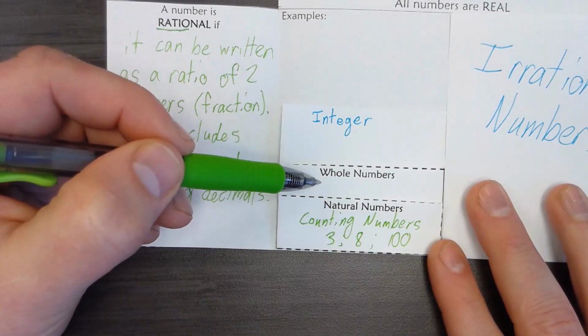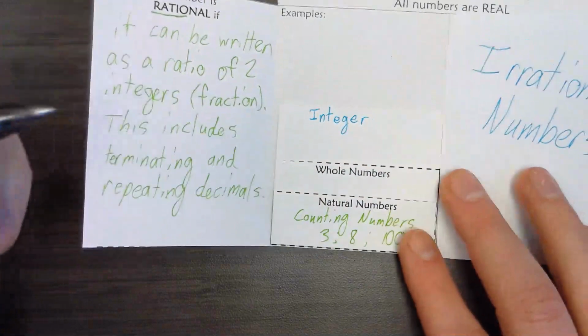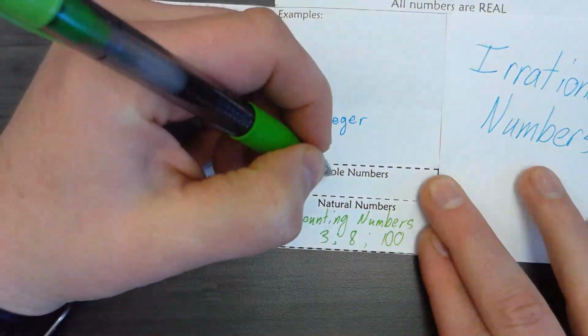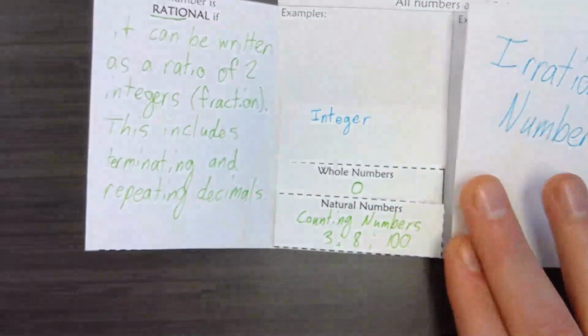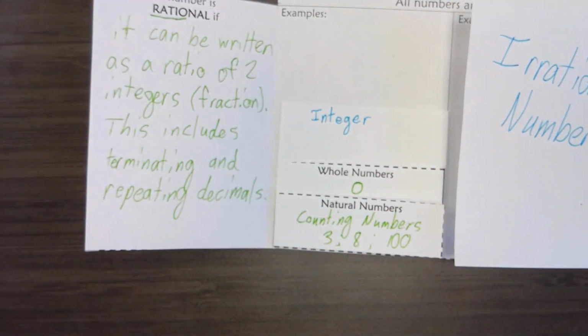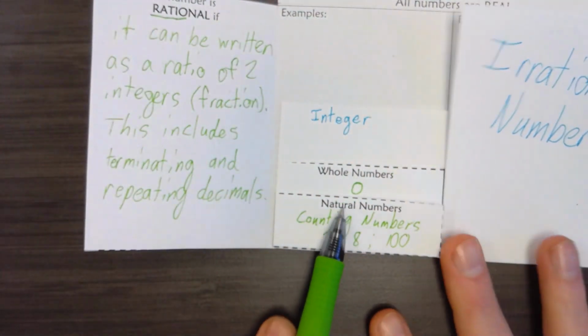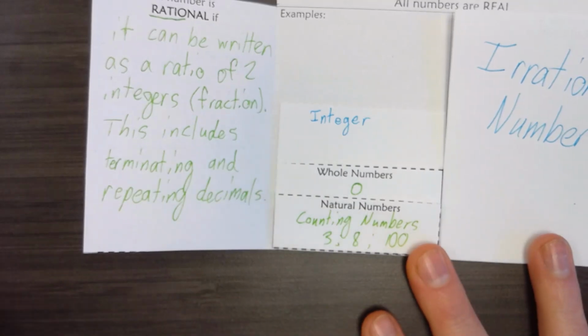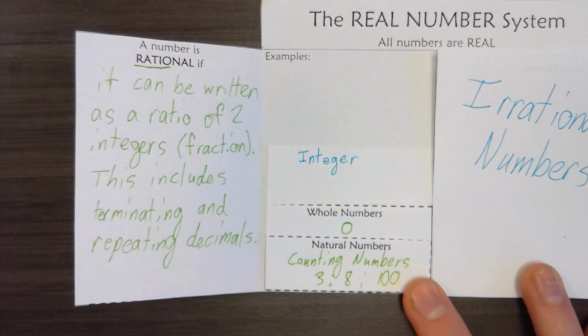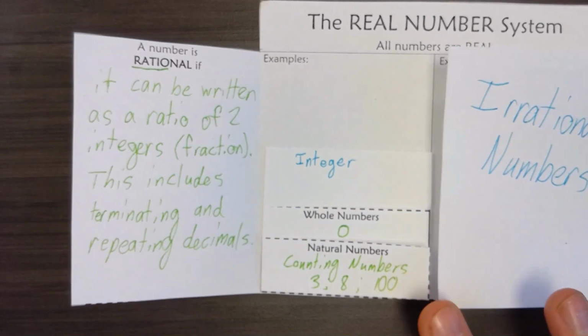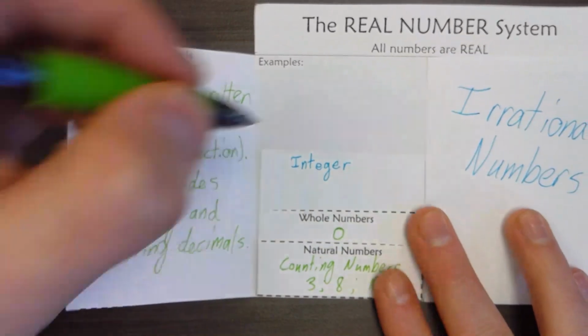And then later, you learned whole numbers. The word whole numbers is really similar, but it includes the number 0. You eventually learned that 0 is a number. That's the same as saying natural numbers. It just also includes that number. Ooh, then you got later into elementary school and into middle school, and you learned the word integer.